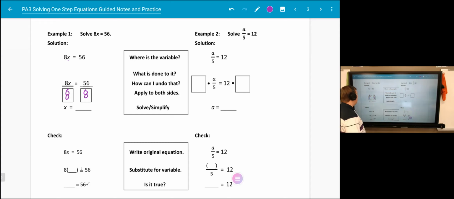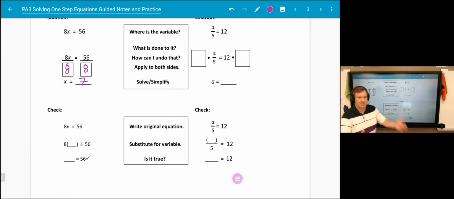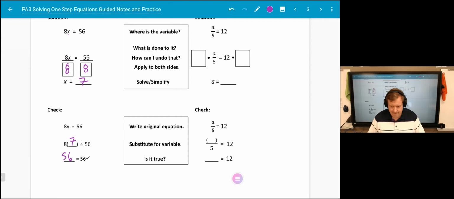And then 56 divided by 8 is 7. And I need to check my answers. We said that x equals 7. So anywhere I see x in the original equation, I'm instead going to put 7. 8 times 7. Does 8 times 7 equal 56? It sure does. 56 always equals 56.